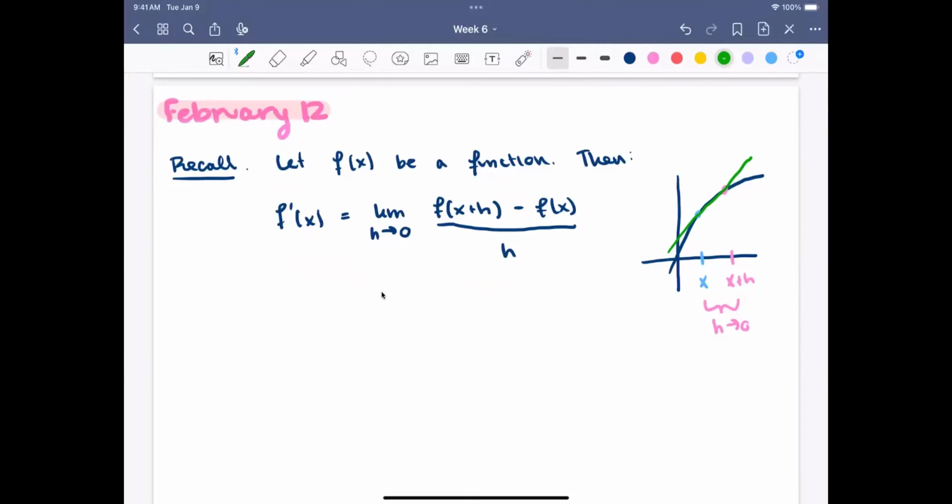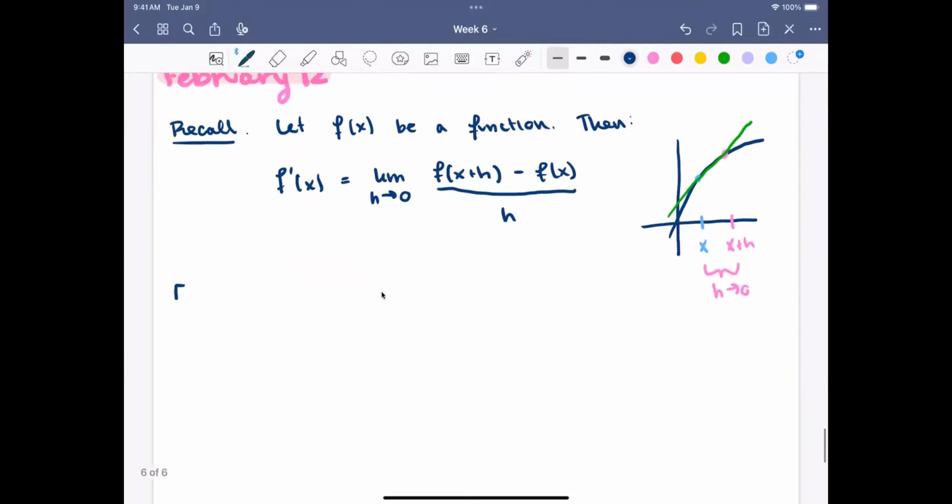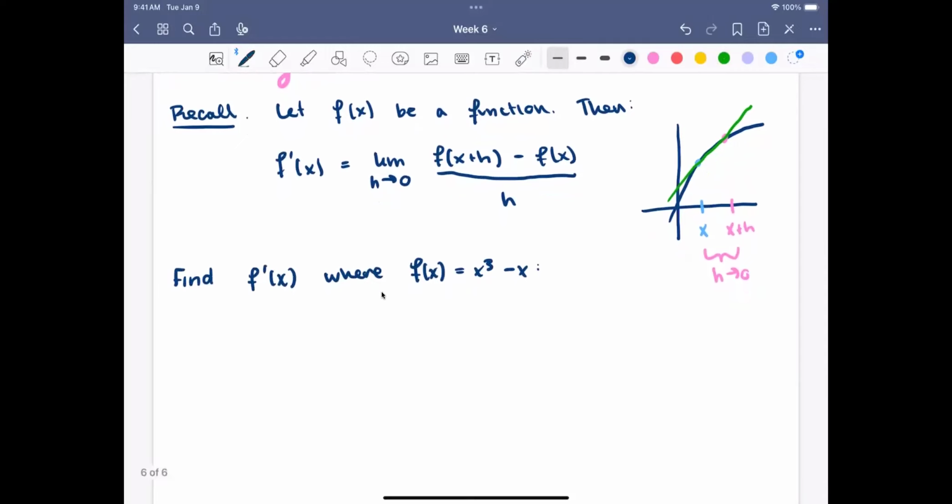So let's find f prime of x, where f of x is equal to x cubed minus x. We just have to write down this limit. So we'll have f prime of x is equal to the limit as h approaches 0.